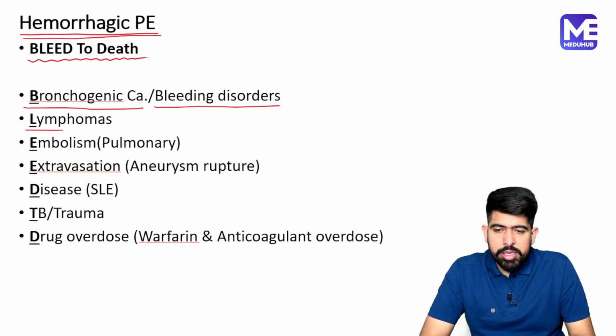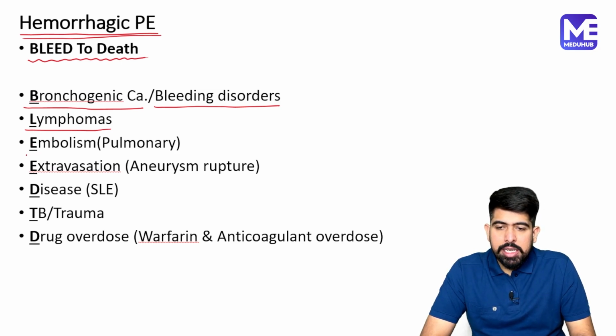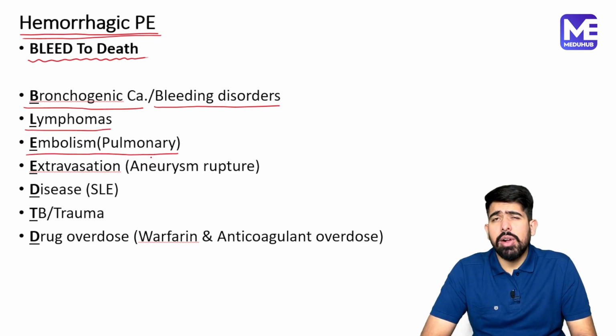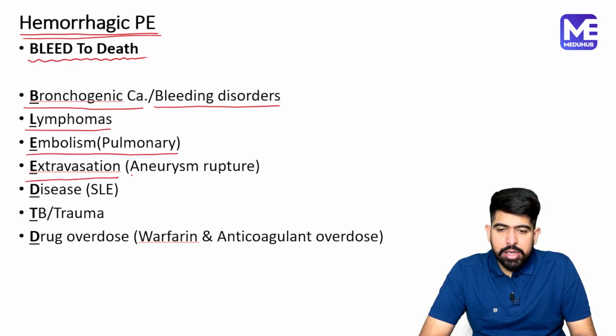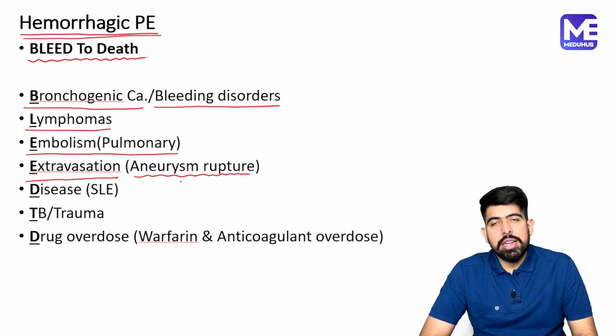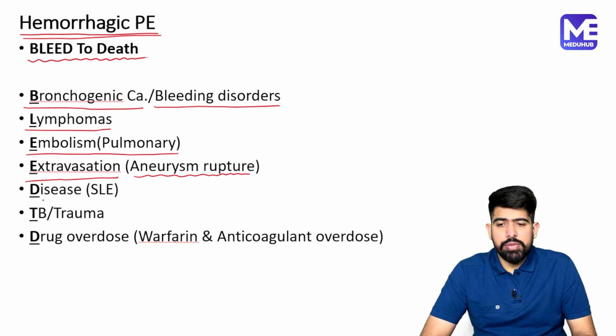Some lymphomas also cause hemorrhagic pleural effusion. And pulmonary embolism is also causing hemorrhagic pleural effusion. And extravasation, like aneurysm rupture, if any aneurysm ruptures, there will be hemorrhagic pleural effusion.